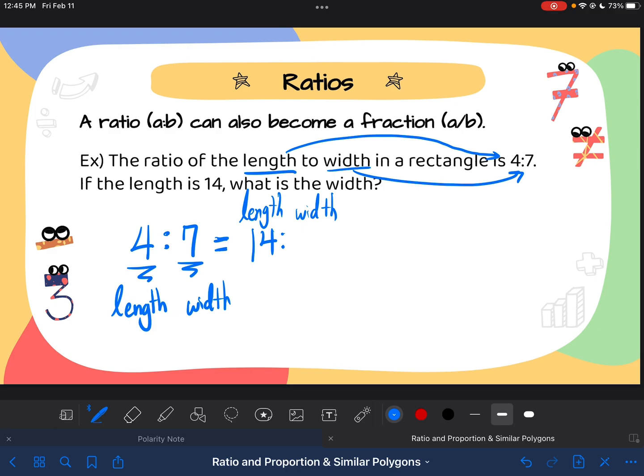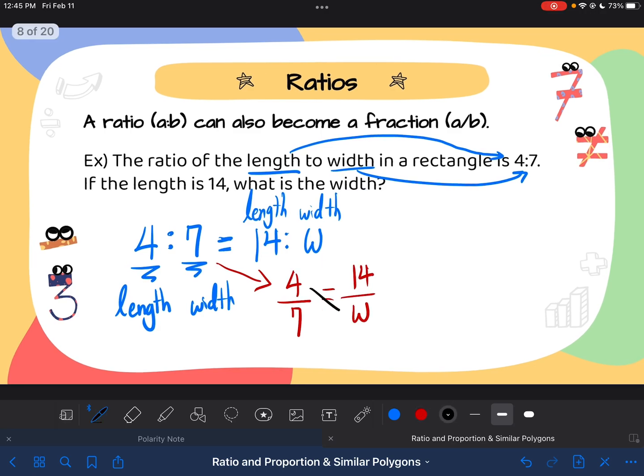You can call it x, but I usually like to call it the first letter of the question, which is W. The ratio can become a fraction, so 4 colon 7 is the same thing as 4 over 7, and 14 colon W is 14 over W.